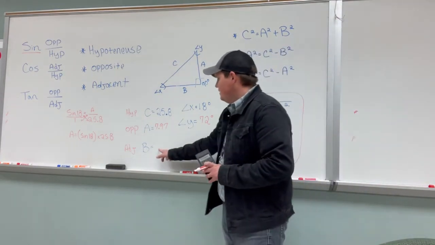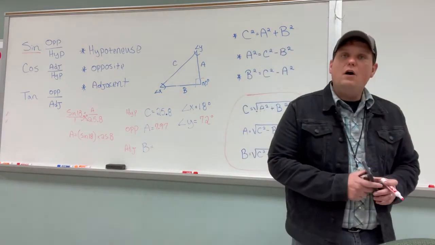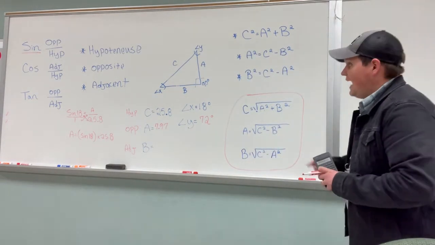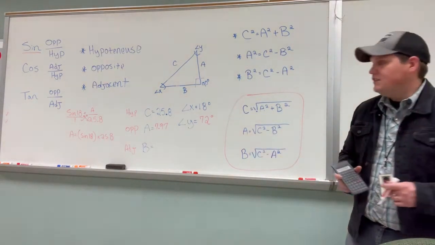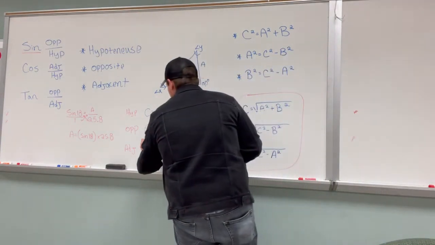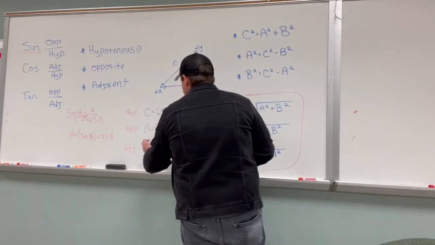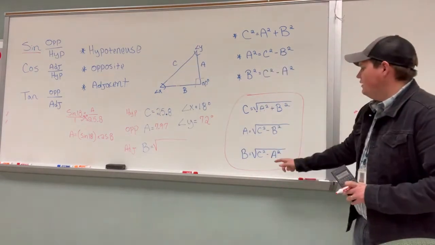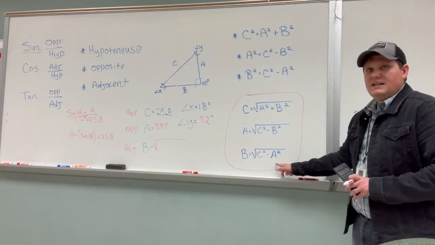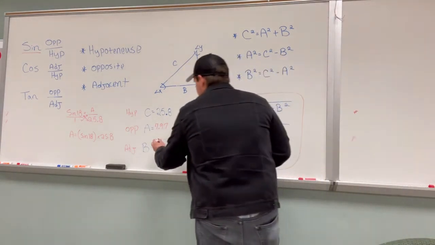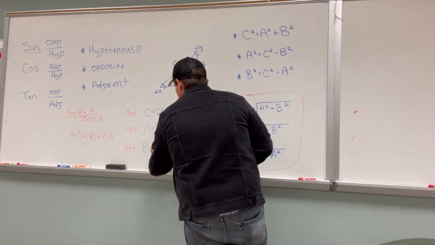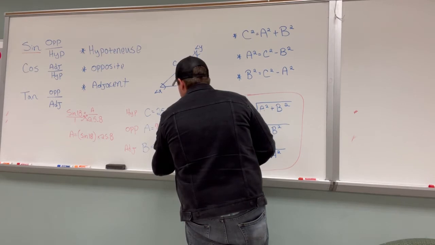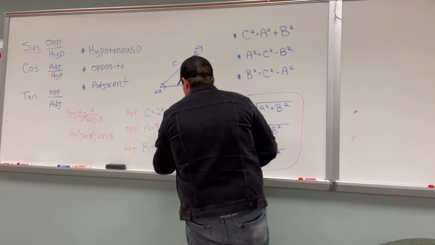So now the last step is if I want to solve for b, well, I have two sides now, so all I have to do is Pythagorean Theorem. So b equals the square root of c squared minus a squared. So that's going to be 25.8 squared minus 7.97 squared.